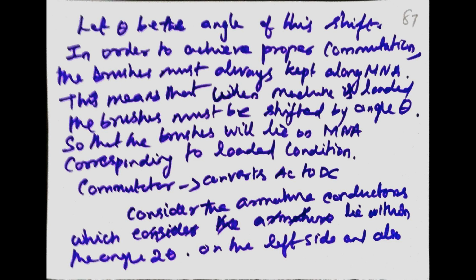In order to achieve proper commutation, the brushes must always be kept along MNA. This means that when the machine is loaded, the brushes must be shifted by angle theta so that the brushes lie on MNA. Corresponding to loaded conditions, the commutator converts AC to DC. Consider the armature conductors which lie within the angle 2 theta on the left side and also on the right side.